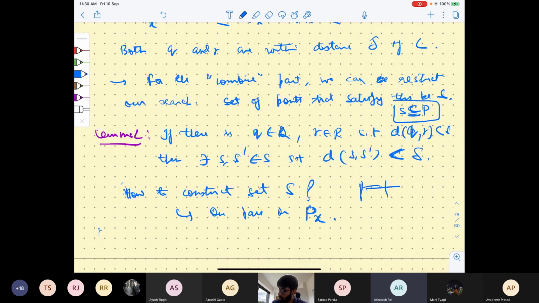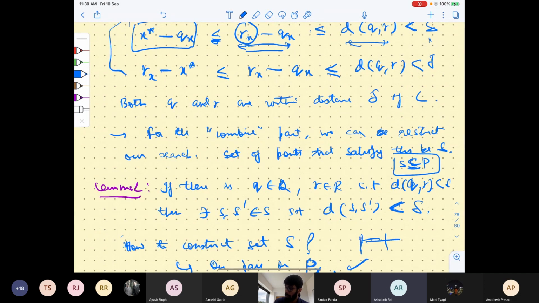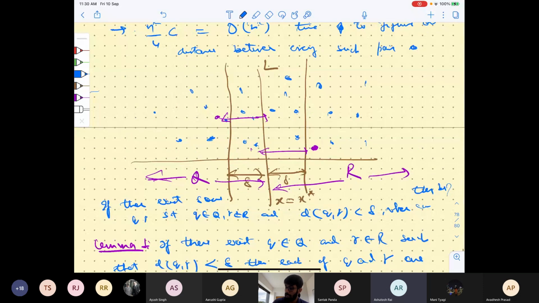Okay, good. So we have constructed the set S. But still the problem is that the set S can be the whole of P. Who says that these points exist? They might not exist. Everything can be within this strip only.